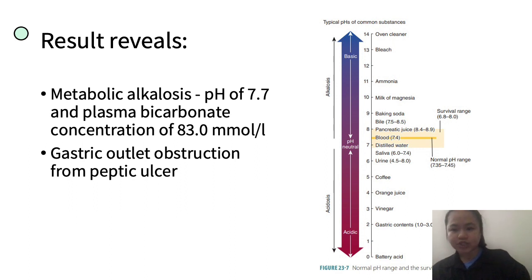The normal pH is 7.4, and normal bicarbonate concentration is 22 to 32 millimoles per liter. So this patient was diagnosed with gastric outlet obstruction from peptic ulcer.